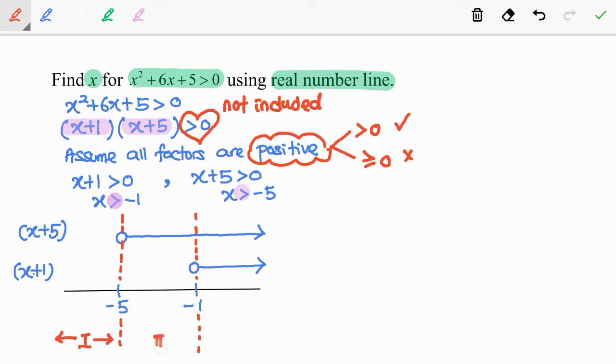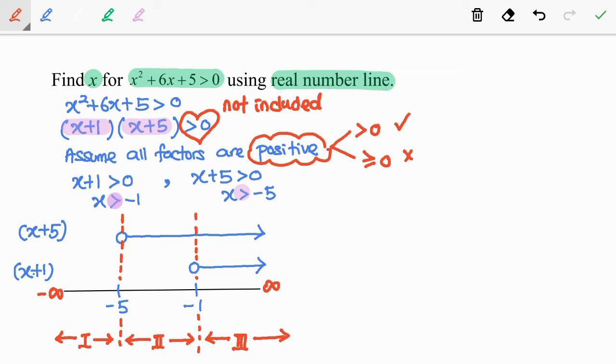For the second part, the interval is from negative 5 to negative 1. And for the third part, the intervals is from negative 1 to positive infinity. So here is negative infinity and this part is infinity.